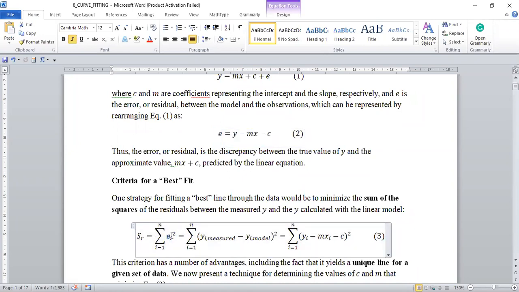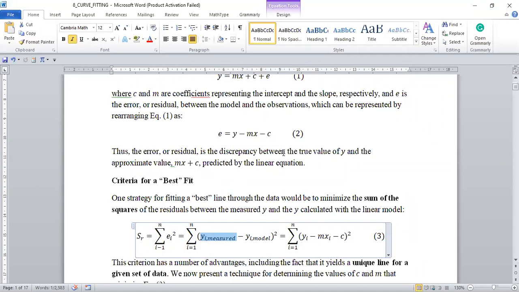So the error squared is simply this formula squared. You want to minimize the difference between the measured data points you are given and your model, where your model is y is equal to mx plus c, and the measured point is the y point in the data.